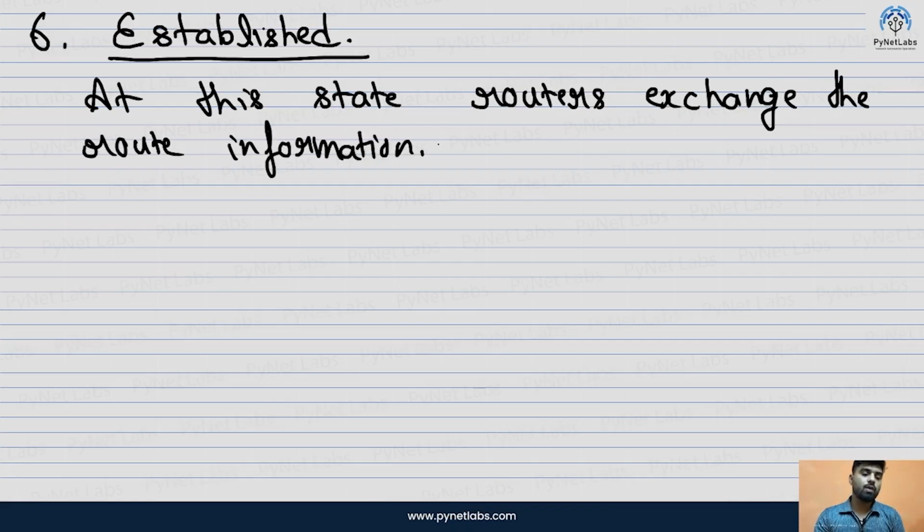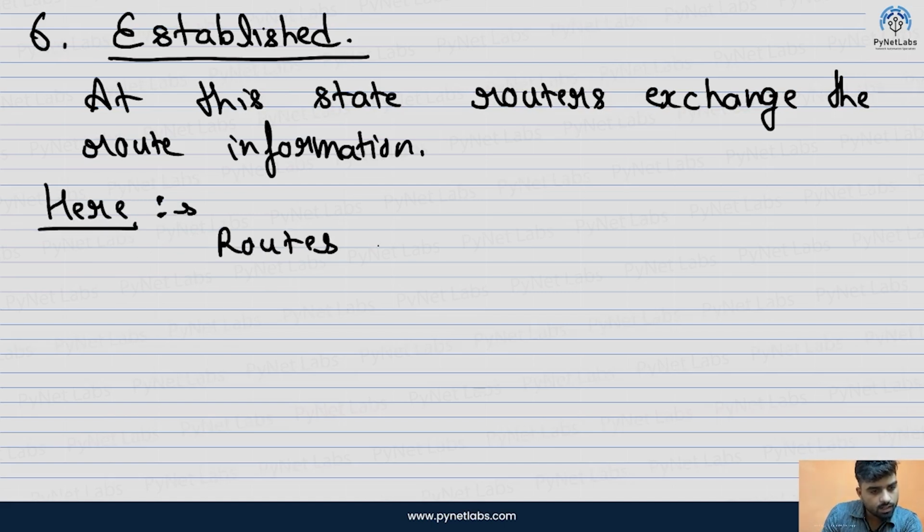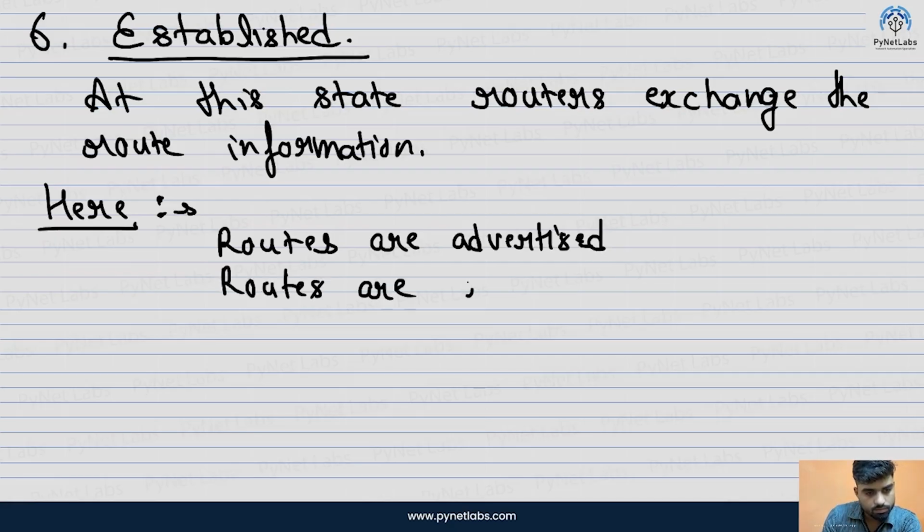So these are the BGP states, and once routers exchange the route information, they also do a few more things. Let me write all of them. At this Established state, first of all, they will exchange the routes, so routes are advertised here. Apart from this, routes are received by the neighbor router.